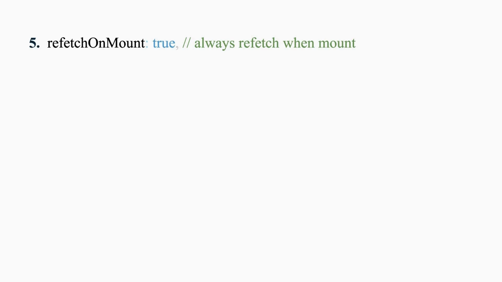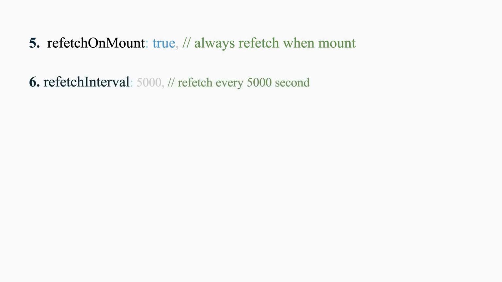It controls whether a query should refetch its data when the component mounts, that means when it renders, if the data is stale. By default React Query will refetch on mount if data is stale. So if I specify stale time as 2 minutes, then this is not going to work. So we have to configure properly. When refetch on mount is there, we have to not include stale time.